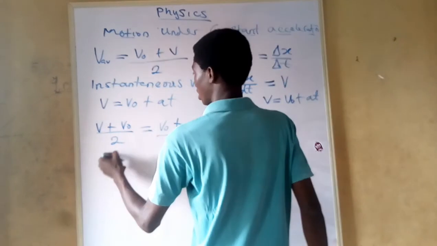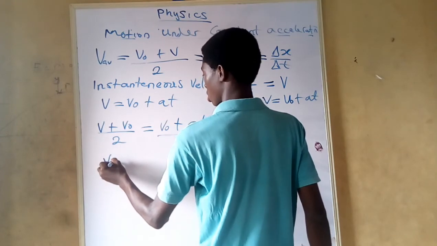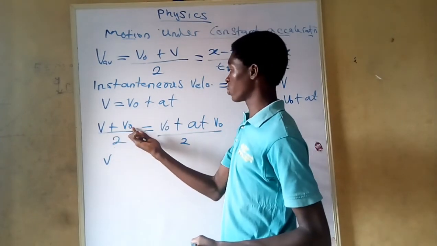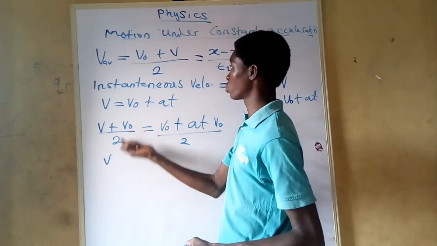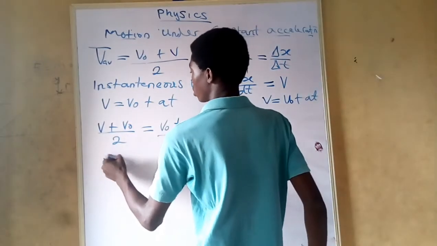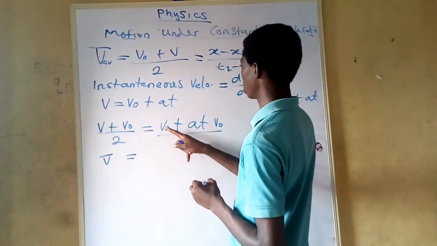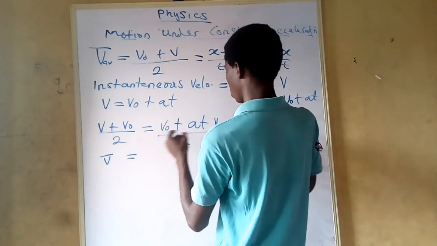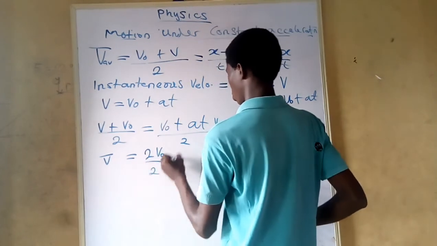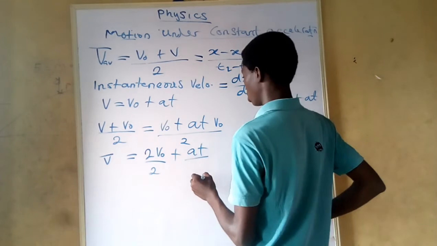If you look at this, v plus v naught over 2 is the average velocity. Sometimes average velocity is written like this, so I will write average velocity equals 2 v naught over 2 plus at over 2.